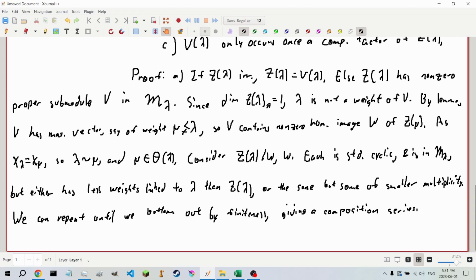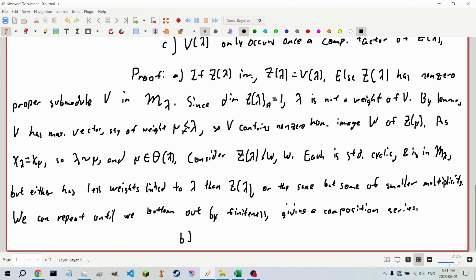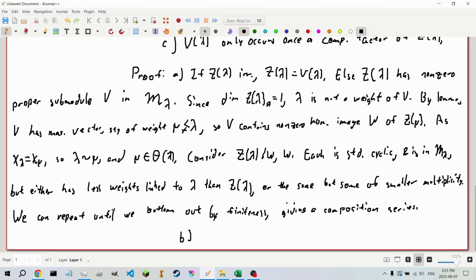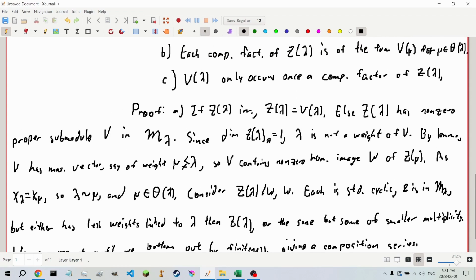Now, part B. We're trying to show that each composition factor is of the form V mu for a mu linked to and less than or equal to lambda.